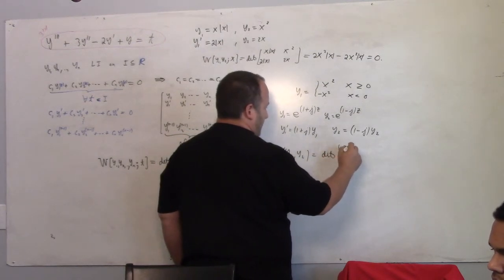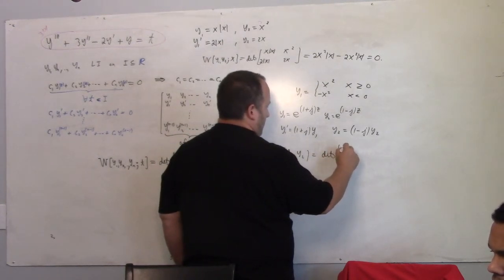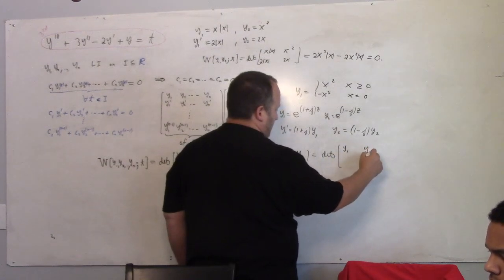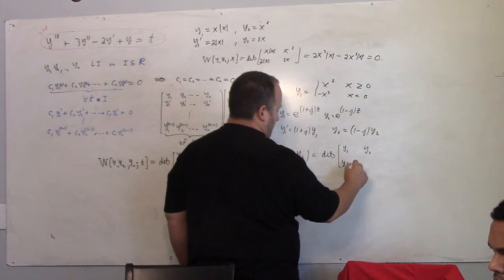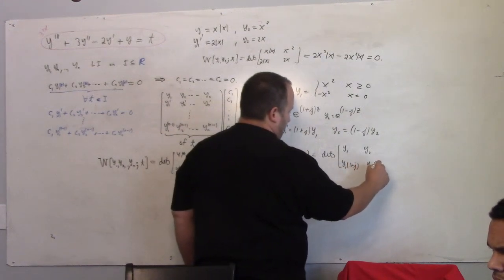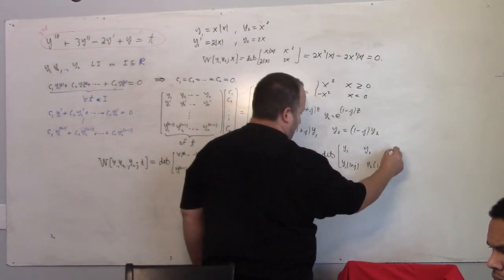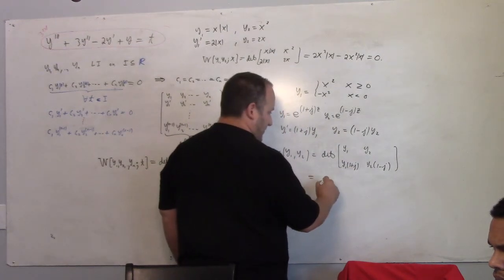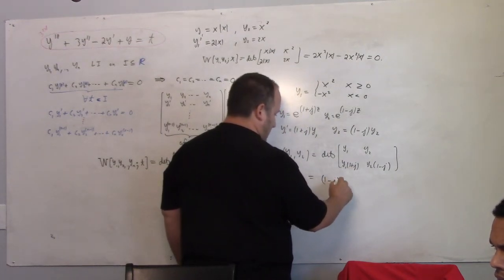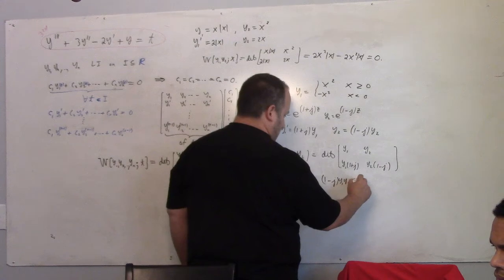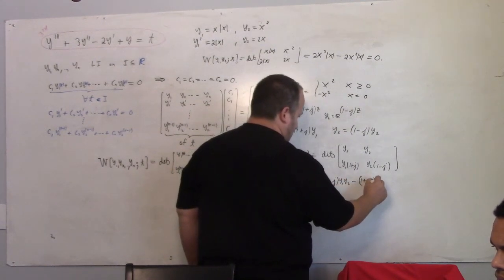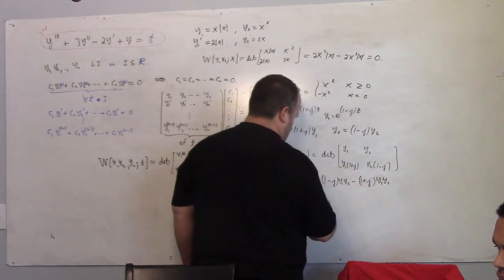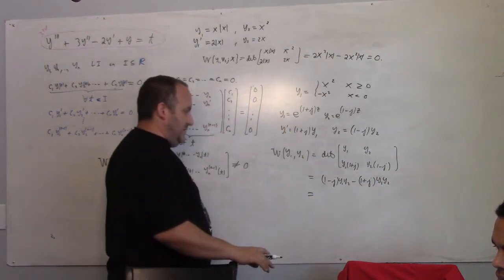So that gives us (1 minus j) times y1 y2, minus (1 plus j) times y1 y2, which is what?